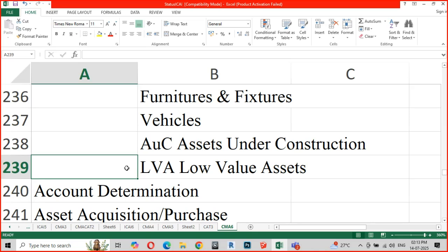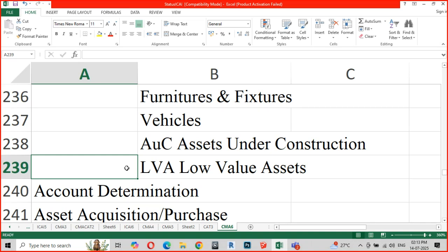Assets under construction. Let me say my business is into real estate. I construct apartments. I take up a project of building an apartment consisting of, say, 100 flats.